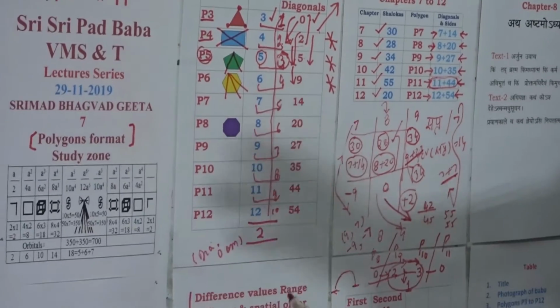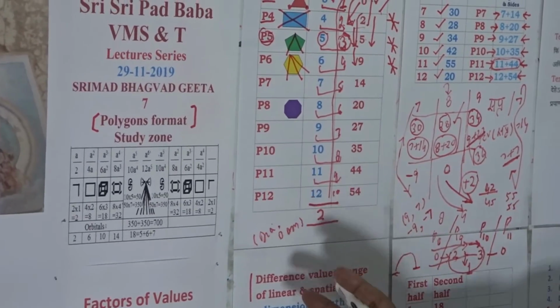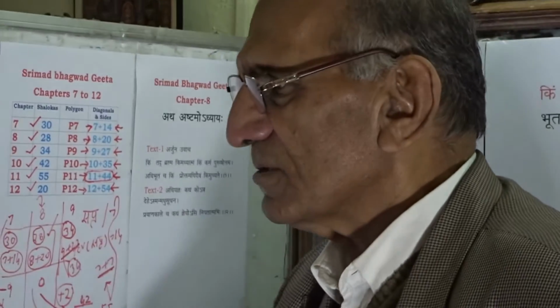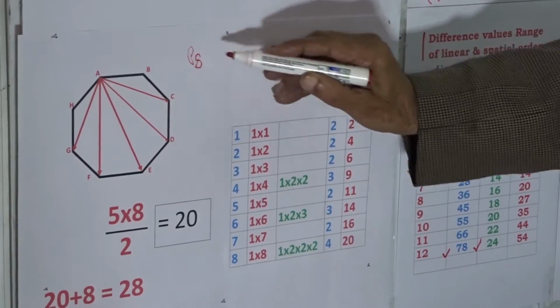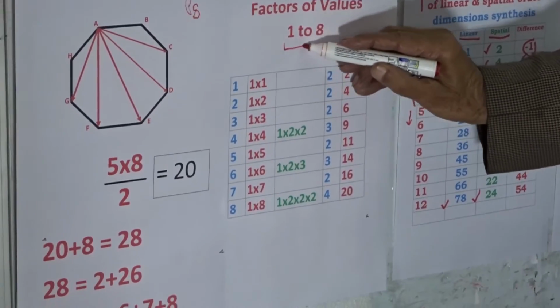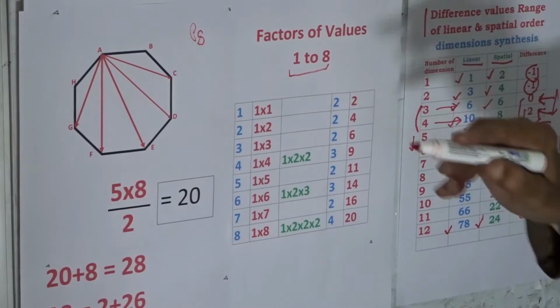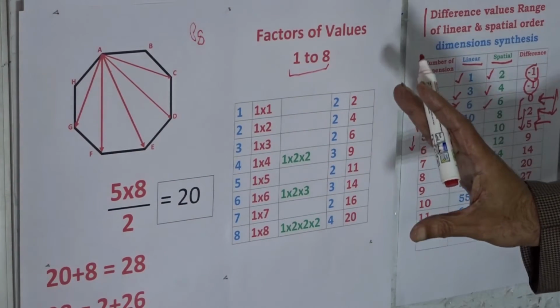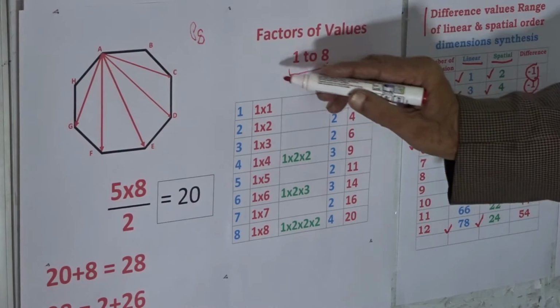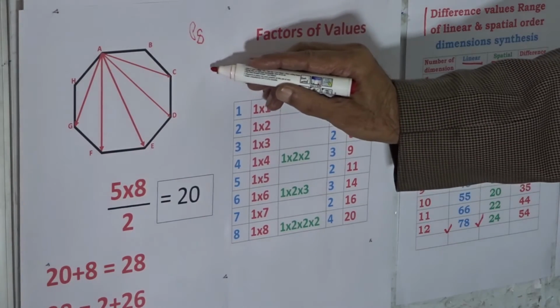polygons. Now, polygons, as we had seen in the previous session in respect of P8, and we have seen that number values ranging 1 to 8 and the octagon provide us parallel formats for Sankhyanistha and Yoga Nishta.